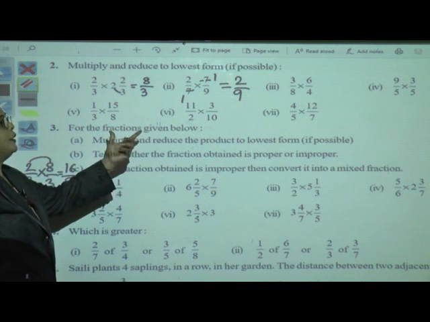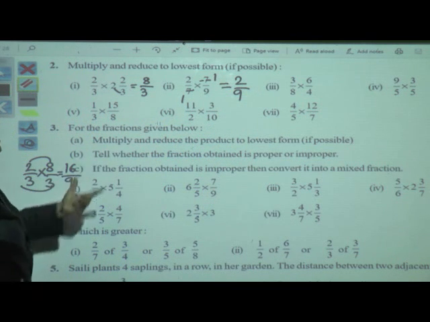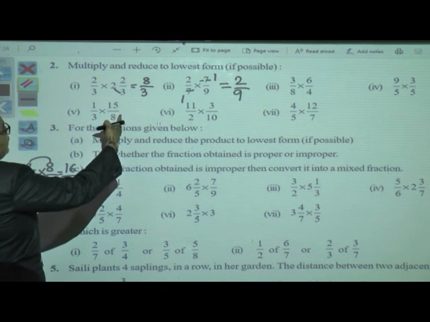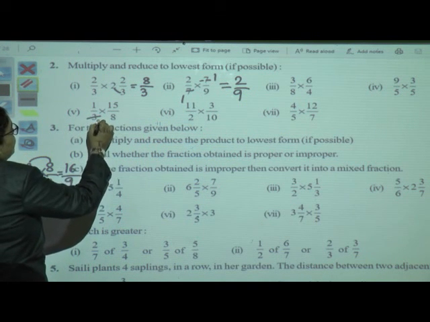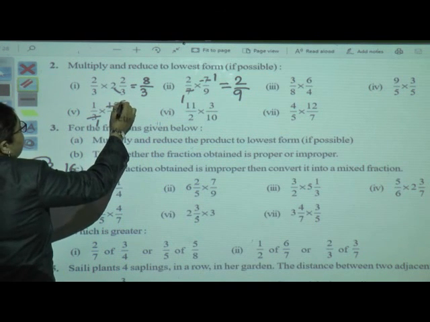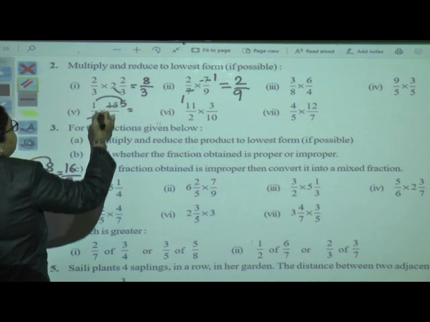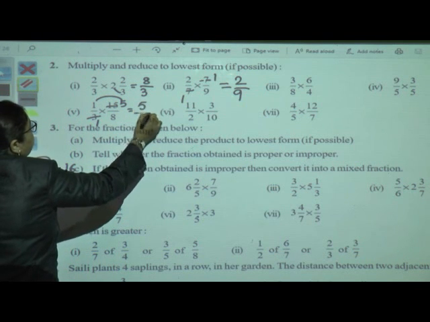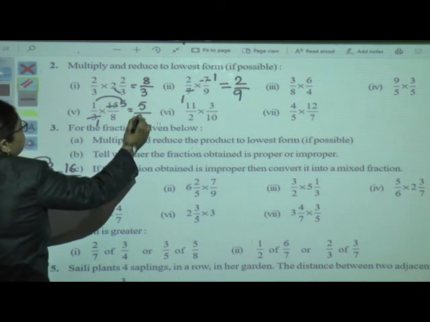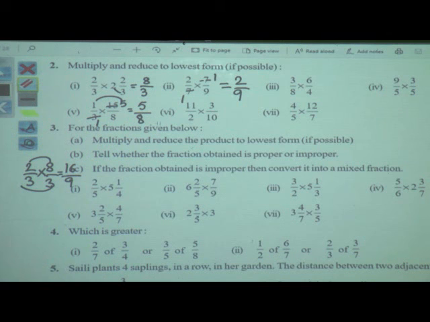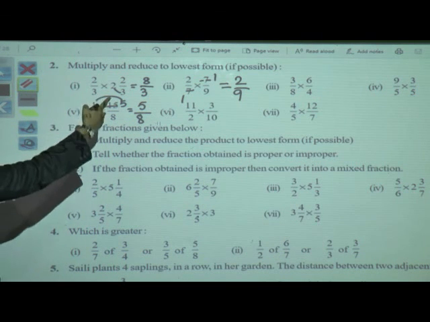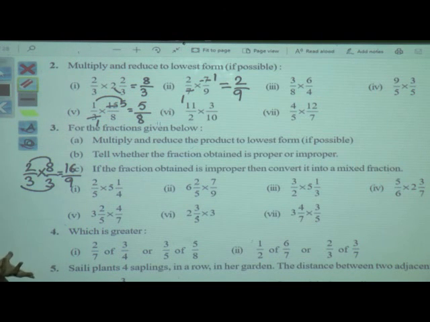No need to do it in the mixed fraction. Write in improper fraction. Where it is possible, here also it is possible. 3 1s are 3, 5 1s are 5, 8 1s are 8. This is our answer. The question itself says to multiply and reduce to its lowest form. So, you should know the tables very well, so we can easily reduce it.